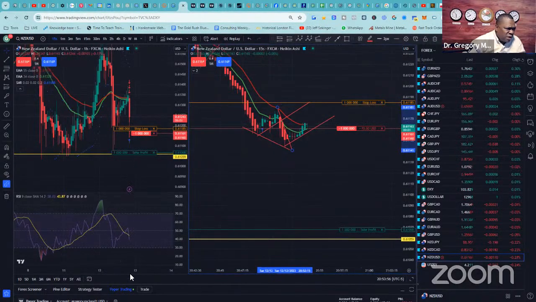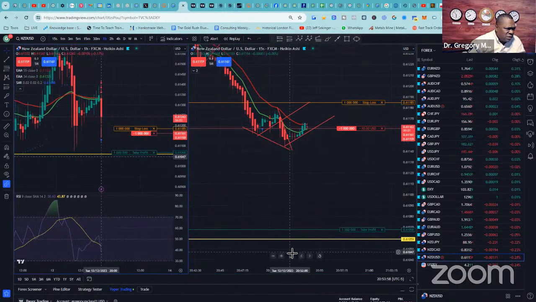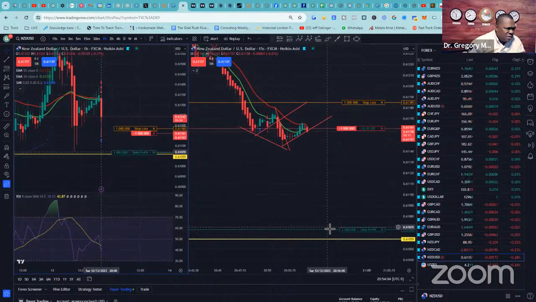RSI is still pointing down. As we get on the other side of that trend line, I might lay another one on you.